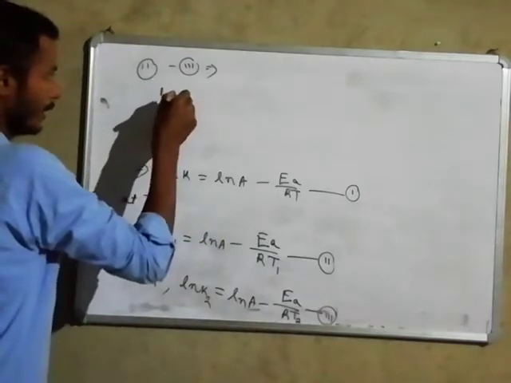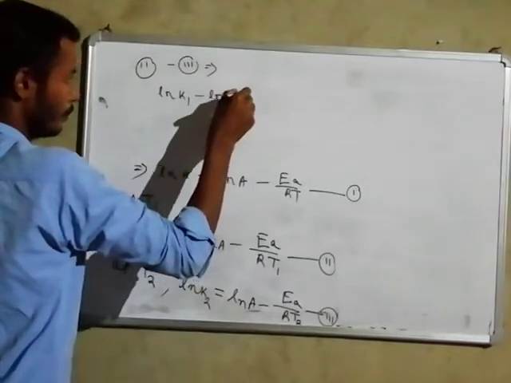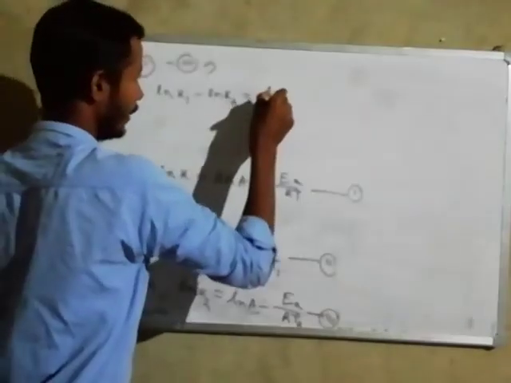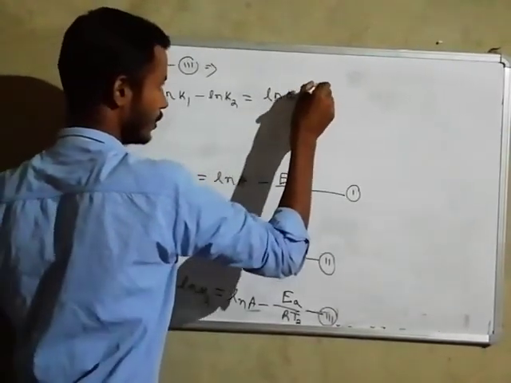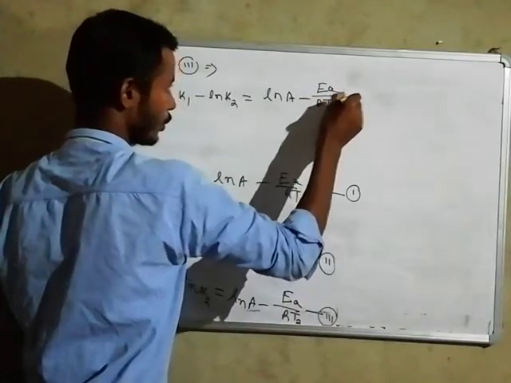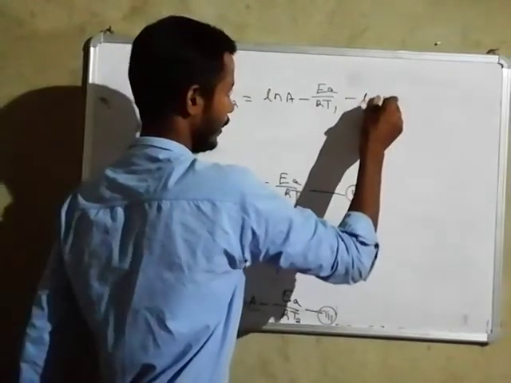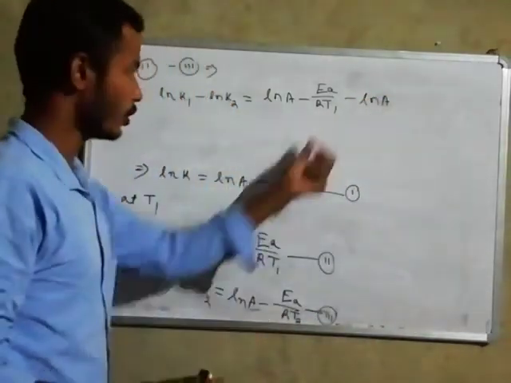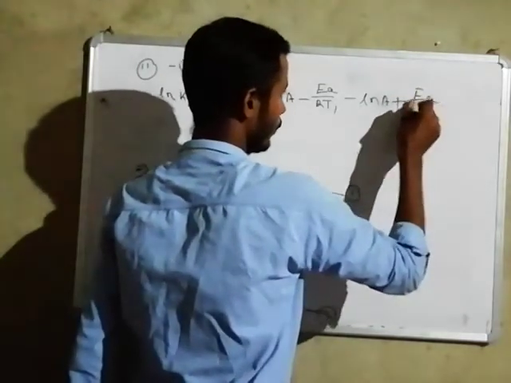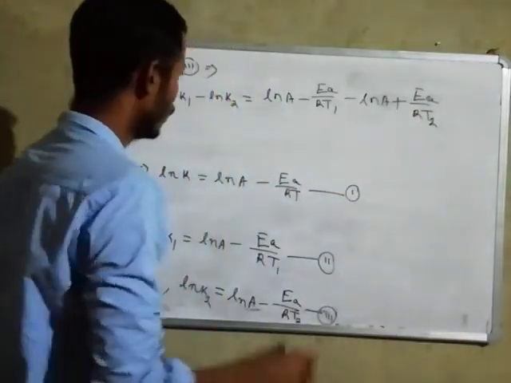So ln k1 minus ln k2 is equal to ln A minus Ea divided by RT1, minus ln A plus Ea divided by RT2. Minus minus will be plus. So ln A cancels out.